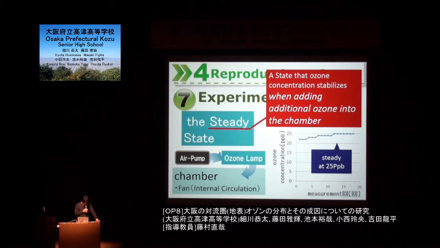Steady state means a state in which ozone concentration becomes stable even when we keep adding ozone into the chamber. For example, the value of the steady state in this case is 25 ppb.